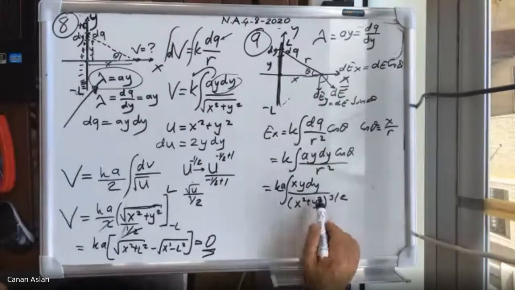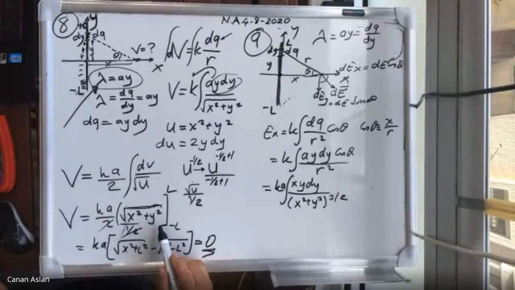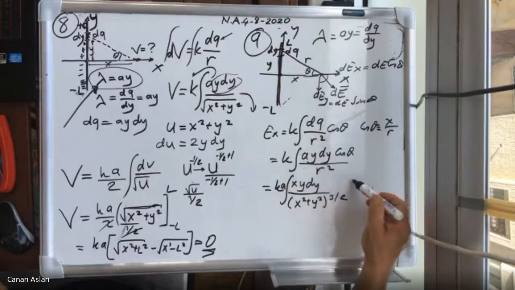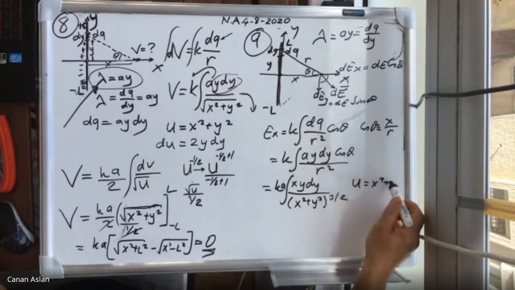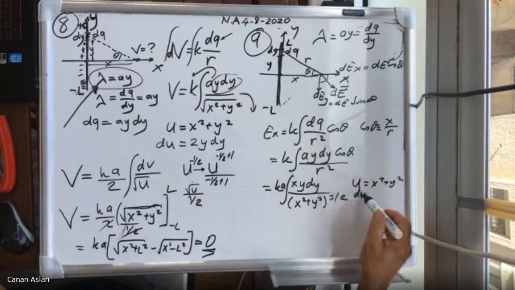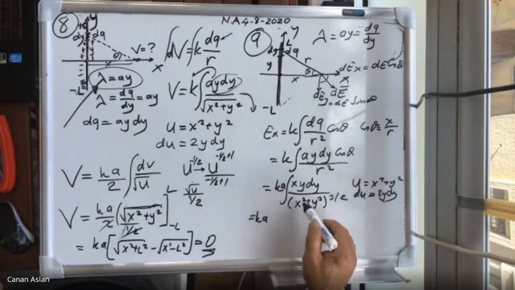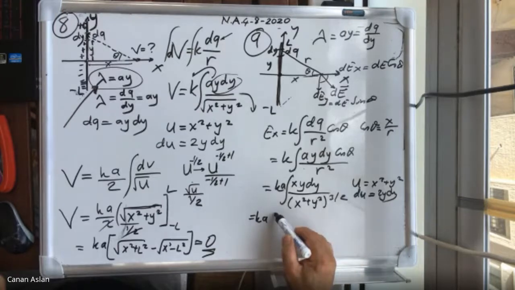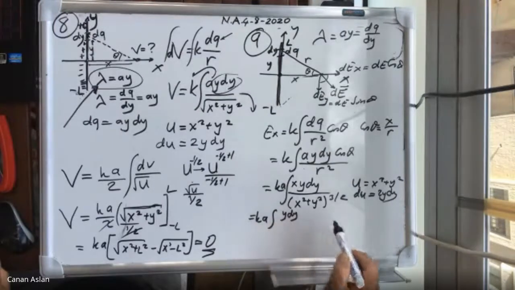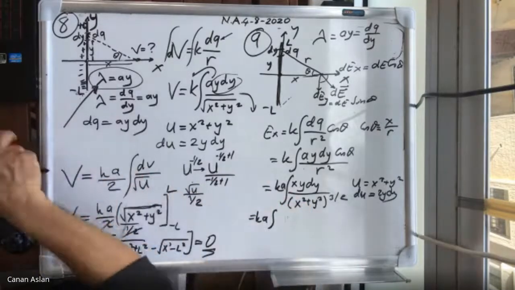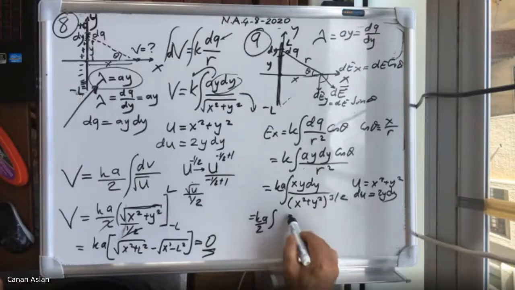Now this is again the same kind of integral. We can use change of variable again, say u equals x squared plus y squared, and then du will be equal to 2y dy. Then we will have k a integral of y dy, and instead of y dy we write du over 2, so 1 over 2 du divided by u to the power of 3/2.